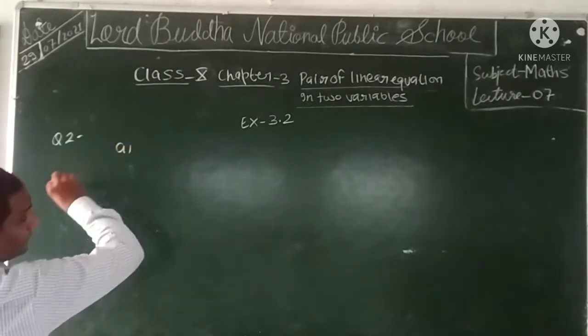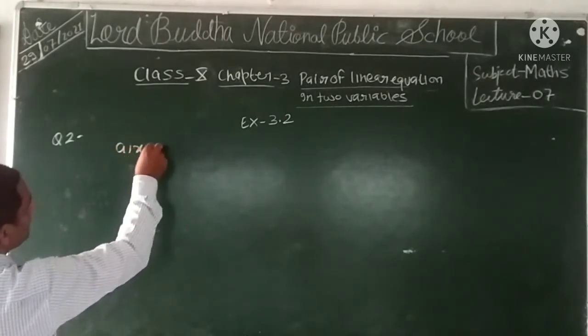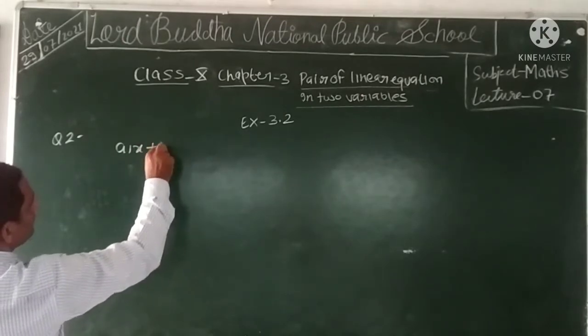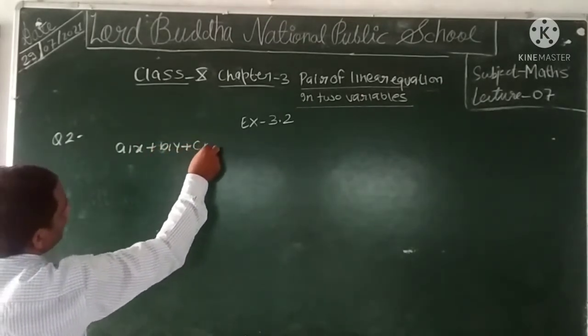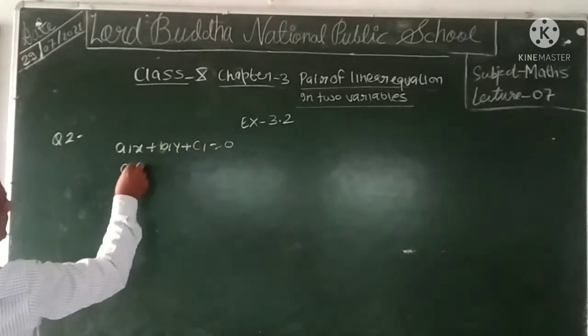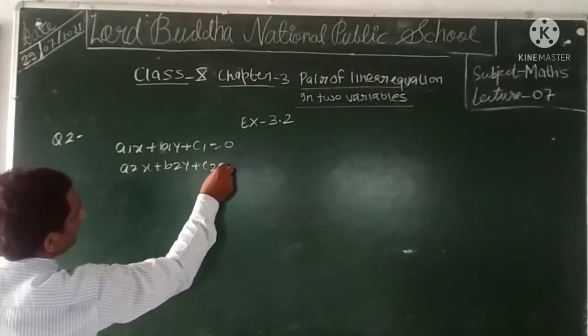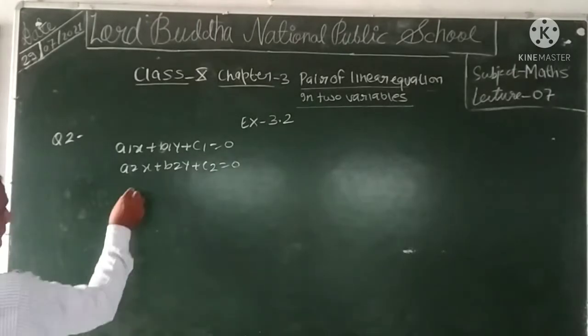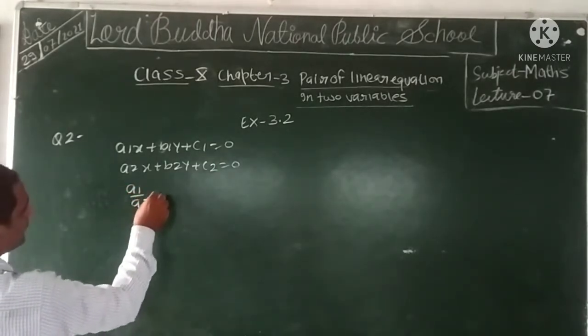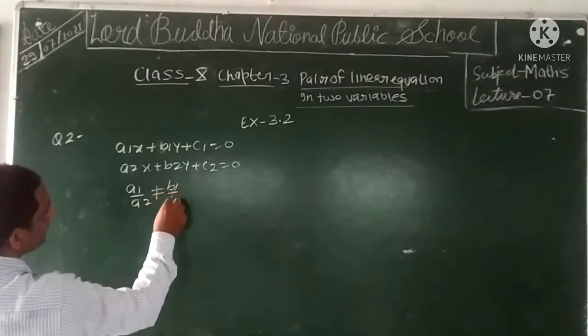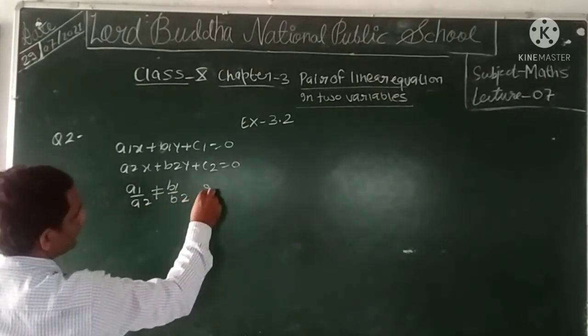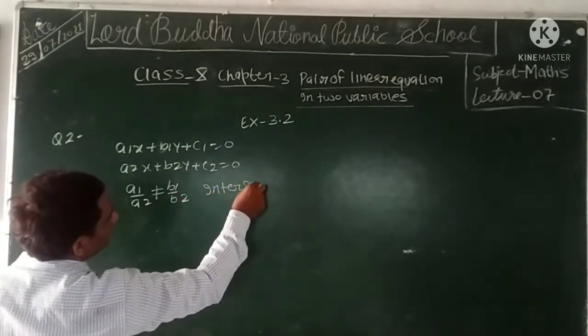If we have a pair of linear equations A1x plus B1y plus C1 equal to 0 and A2x plus B2y plus C2 equal to 0, then if A1 upon A2 is not equal to B1 upon B2, it will represent intersecting lines.